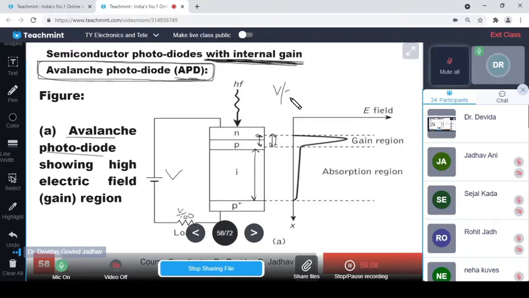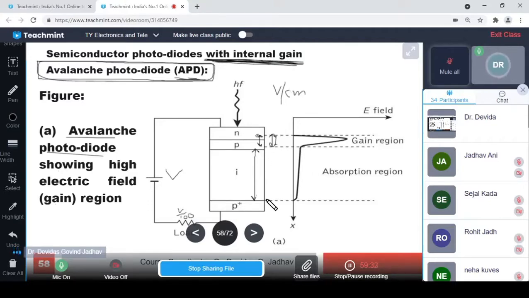So as the voltage is applied over a very small distance, it creates a very high electric field, and over the longer distance it creates a moderate electric field. So in this way the electric field is generated.